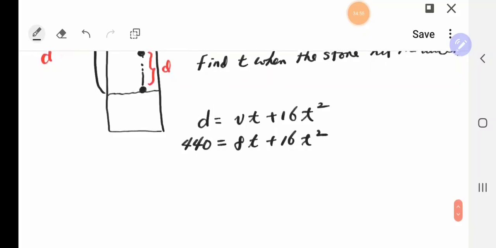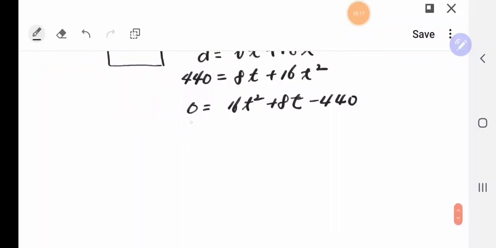Okay, so let's move 440 to the right hand side. So let me write this. So 0 is equal to, write t squared first, and then 440 is moved to the right, so the sign changes.